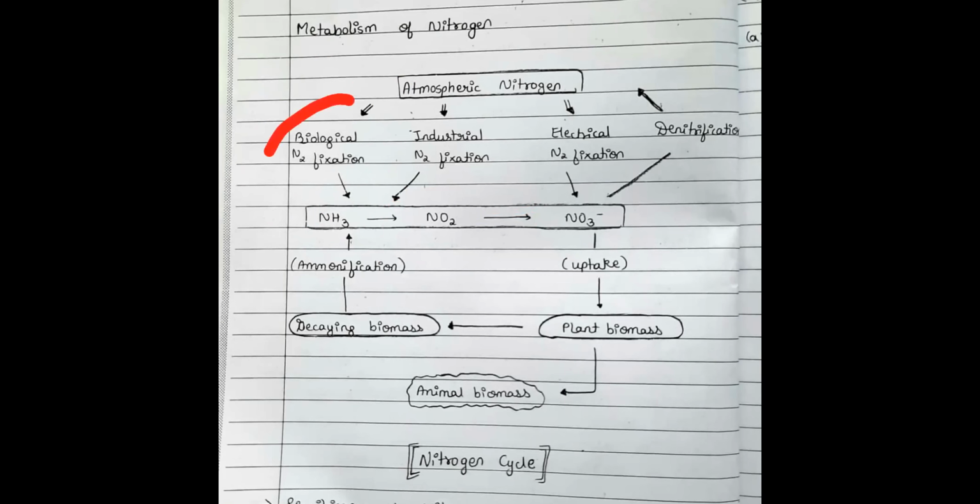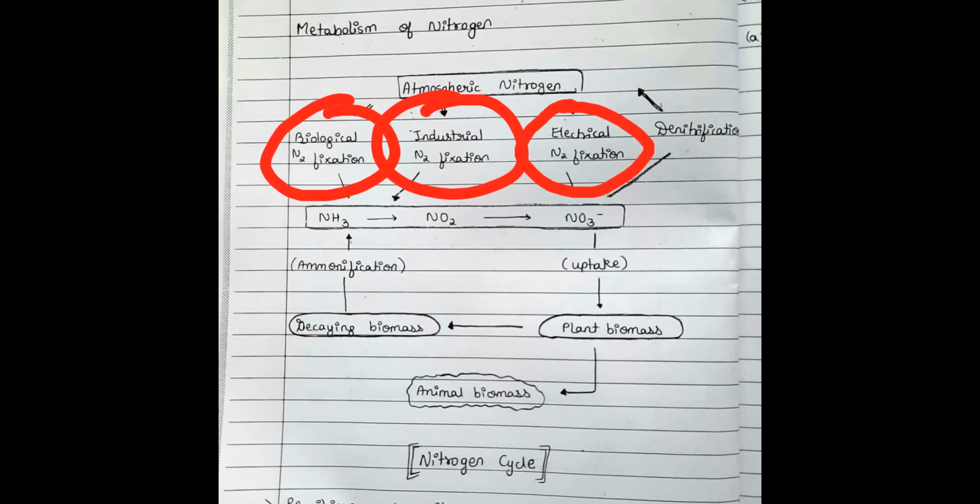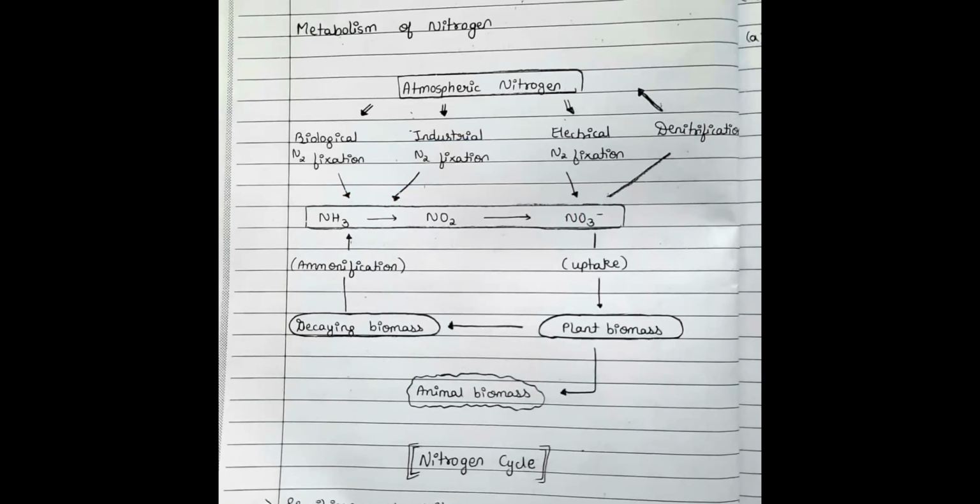So it can happen biologically, industrially by producing smoke, or electrically by radiations. These three things help convert diatomic nitrogen into either ammonia or oxides of nitrogen. The sequence is ammonia, remember the arrow comes here. Oxides are also released, but in your book it is given with ammonia, so go with this.